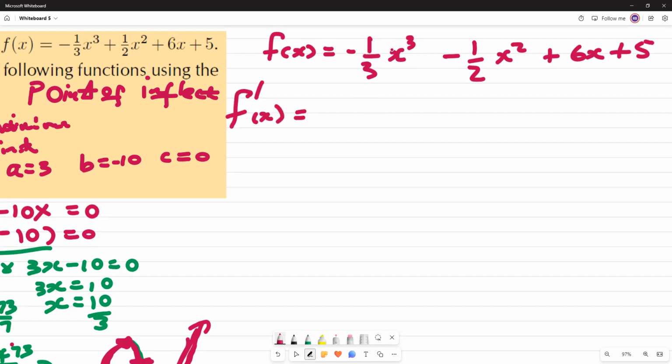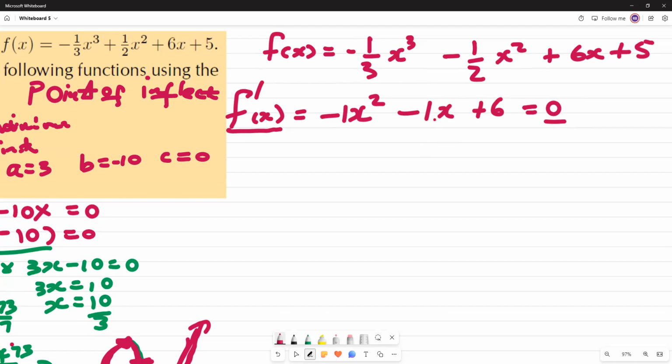So the first derivative, here we're getting negative x squared, because this multiplied by that gives you negative 1. So let me say negative 1x squared. Here we get negative 1x plus 6. The answer must be 0. Remember, we said the gradient on the turning point is 0. And the gradient is the derivative, which is this guy here.